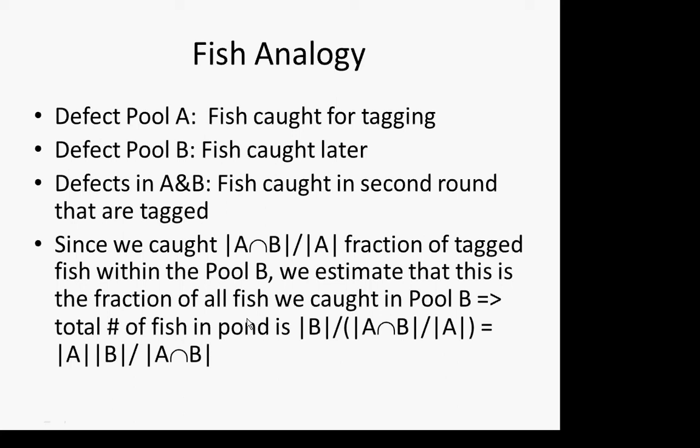And so we have A, say 50, the number of tagged fish, times B, 100, divided by the number in both, 5, right? And so it's 50 divided by 5, 10, times 100, or 1,000. Does that make sense? Yeah?